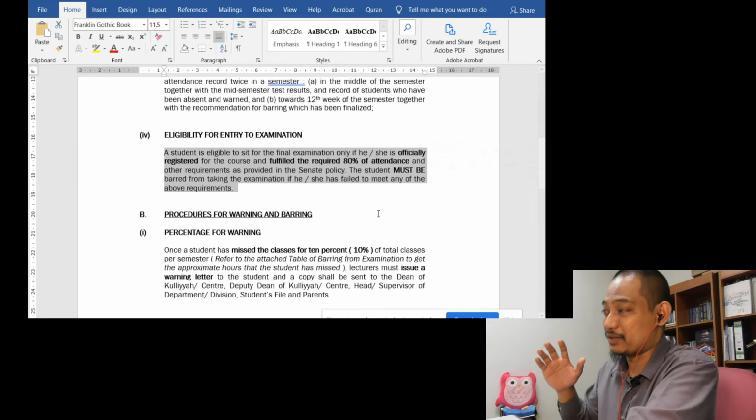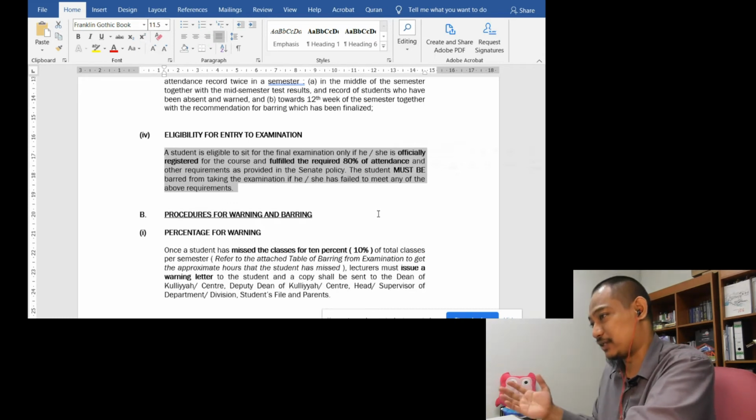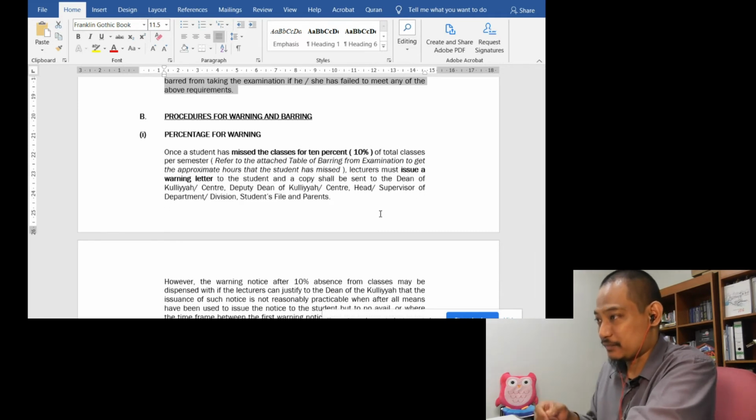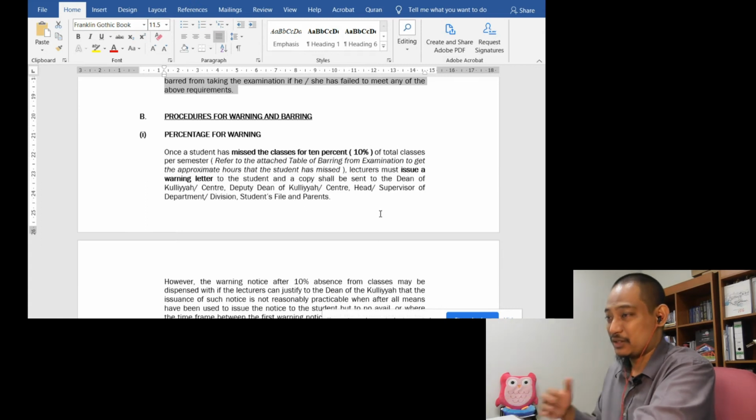Meaning that if you are absent for more than 20%, you cannot take the exam. You will be barred from the exam, right? Normally the process is, after you miss 10% of the classes, you get a warning letter. And if you miss another 10%, making it 20%, you will be barred, right?